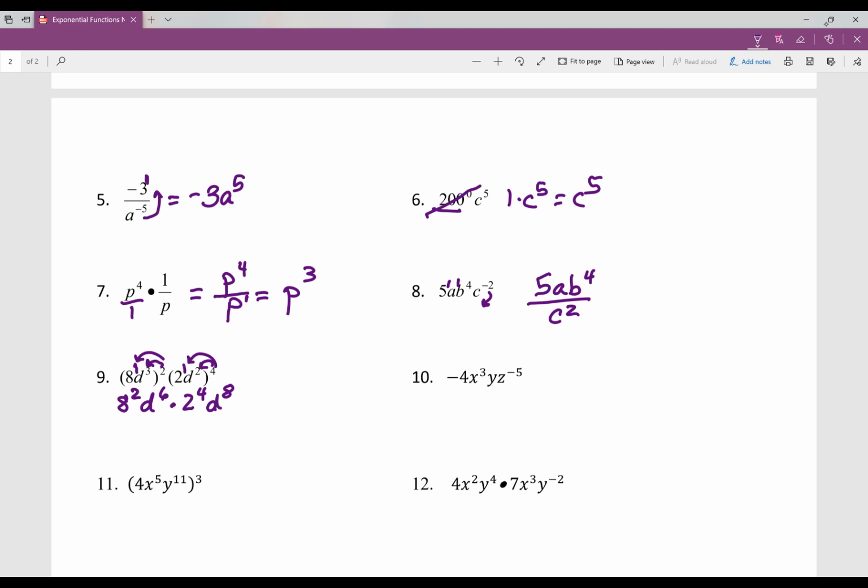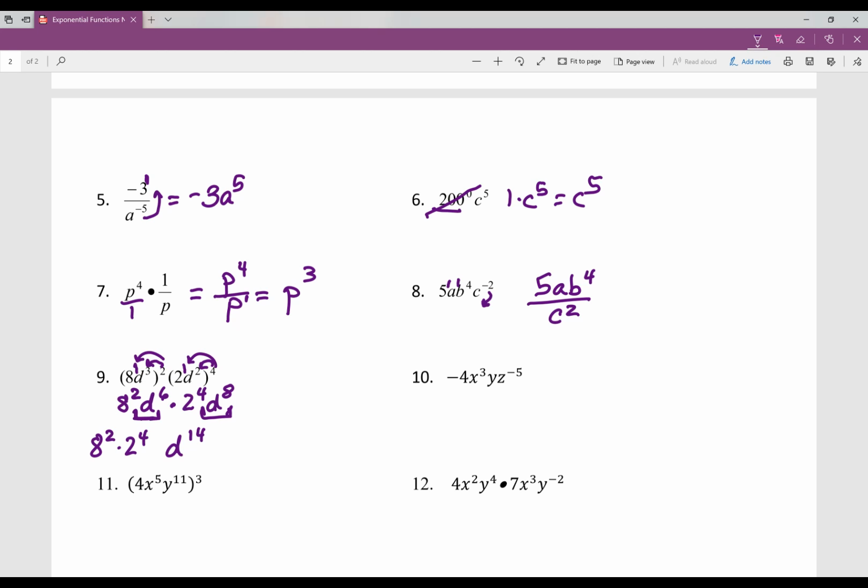Now, we're not done with the problem until there's no variables that are the same. So I have d to the 6 here and d to the 8 here. Well, d to the 6 times d to the 8, that's that first rule. When they're multiplying, we add those powers. So that makes d to the 14. And I can take 8 squared and 2 to the 4th and put that in my calculator. And when I do that, I get something really big, which I don't have my calculator with me.